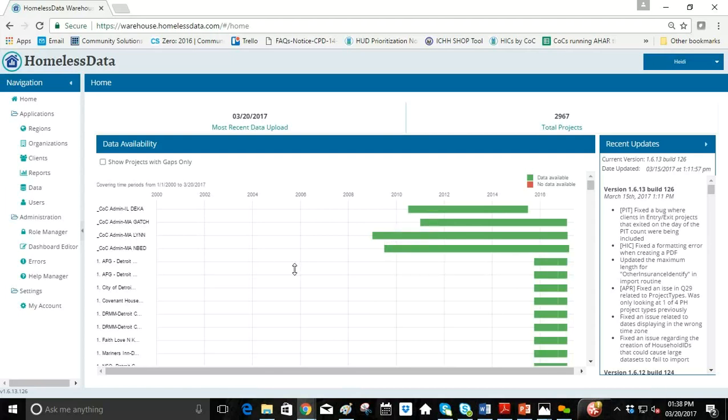So at a high level, the biggest thing we're trying to accomplish is to have a comprehensive view into the data for your region. In order to do that, we need a way to receive the data from the different HMIS systems available to you in a consistent format, which is the HUD CSV Exchange format, and make it available to be reported over.